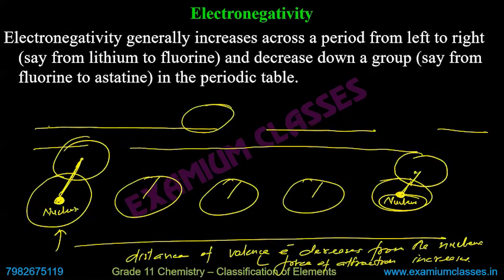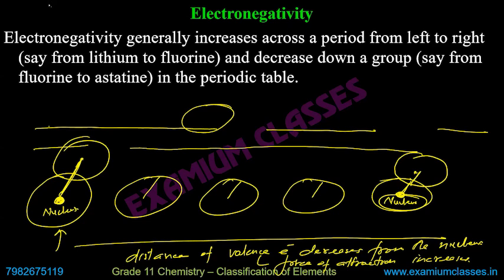Sir, in this case of electronegativity, you just told us that as we move across a period, the atomic radius decreases due to nuclear force of attraction. But then, what about the shielding effect? Now, as I told you, in a few cases the shielding effect prevails, and in a few cases the force of attraction prevails.